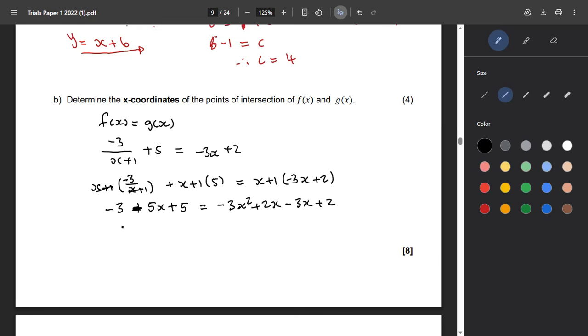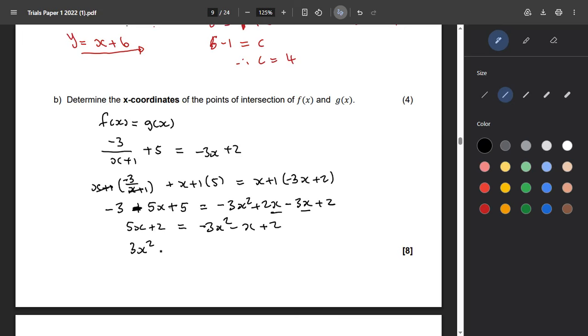So now let's add the like terms on both sides. I have 5x, and -3 plus 5, that's plus 2. On the other side, 2x minus 3x gives minus x, so this will be -3x squared minus x plus 2. Can we bring the 3x squared this side to be positive?